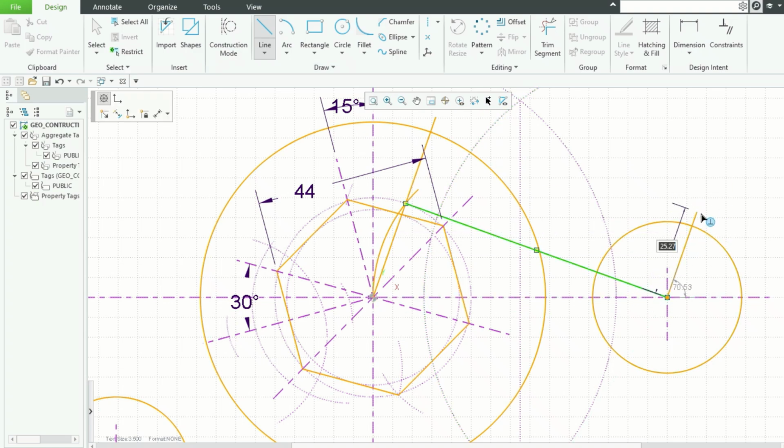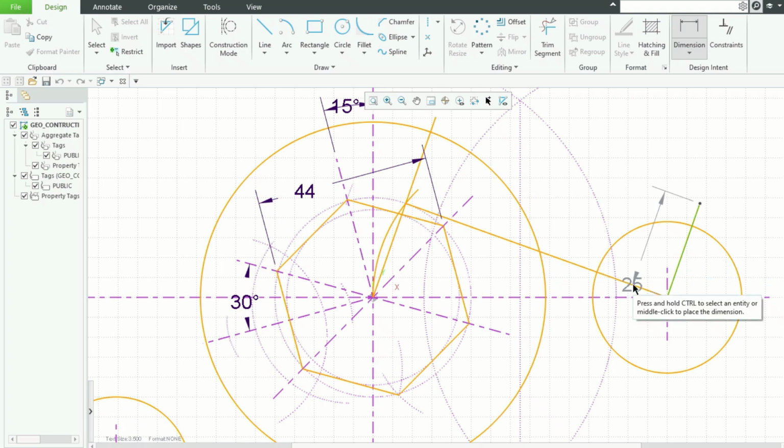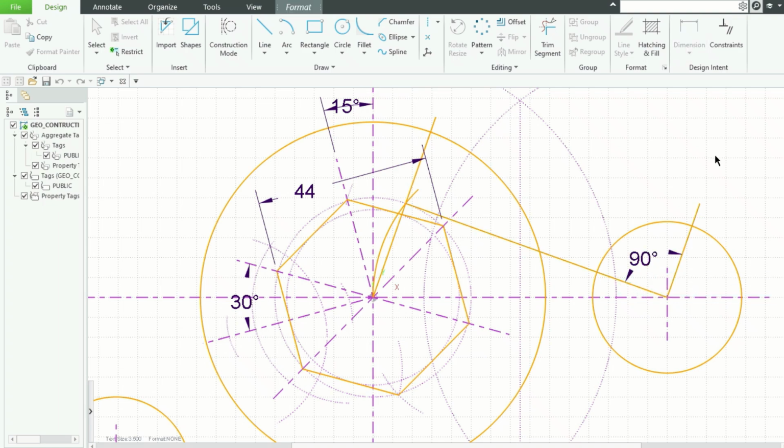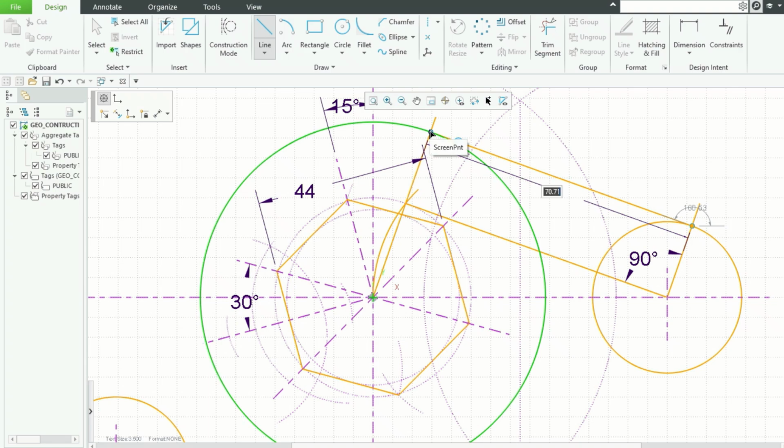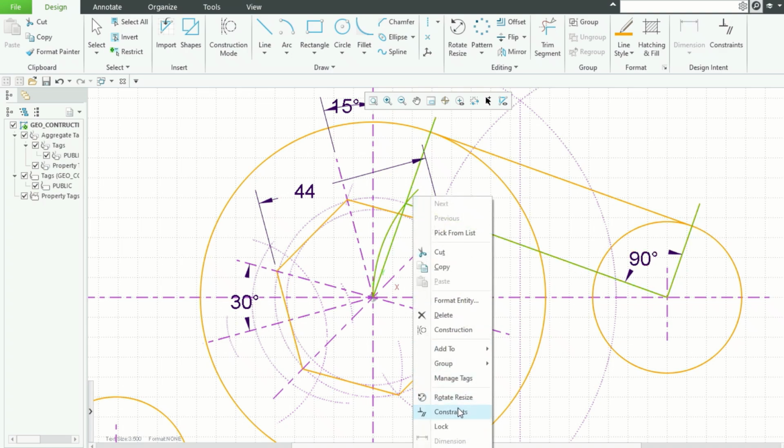Let's check whether it is normal or not. It's normal, a 90-degree line. And this line from this intersection point to this is the tangent line between these two circles. The rest are all construction elements.